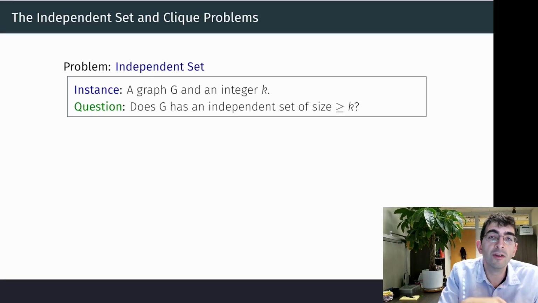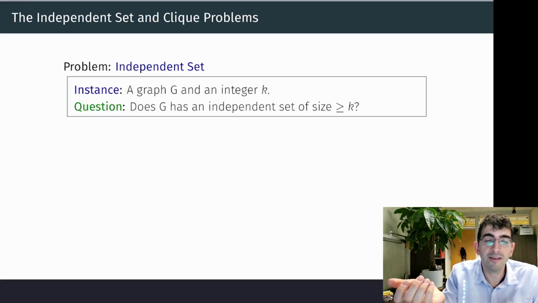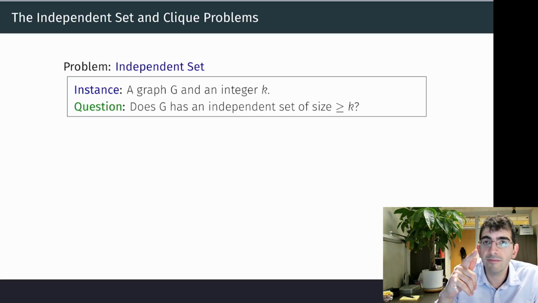Instead of saying what's the largest independent set, you say does the independent set have a size greater than or equal to K?